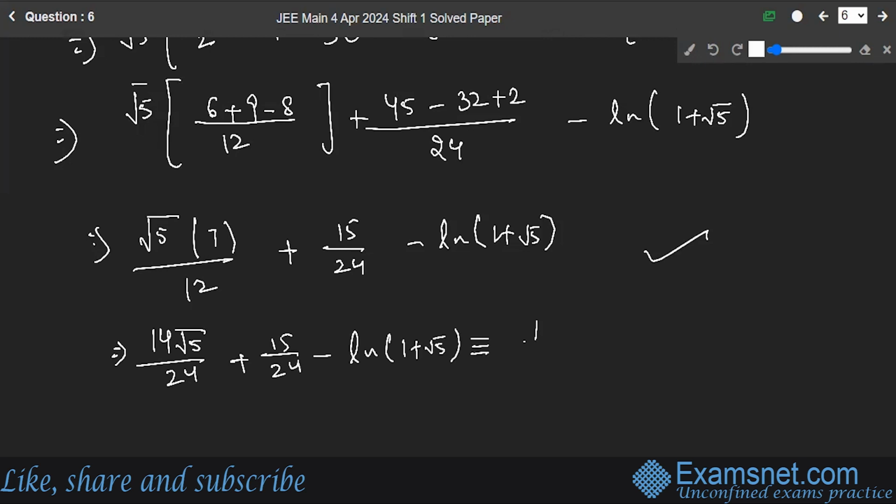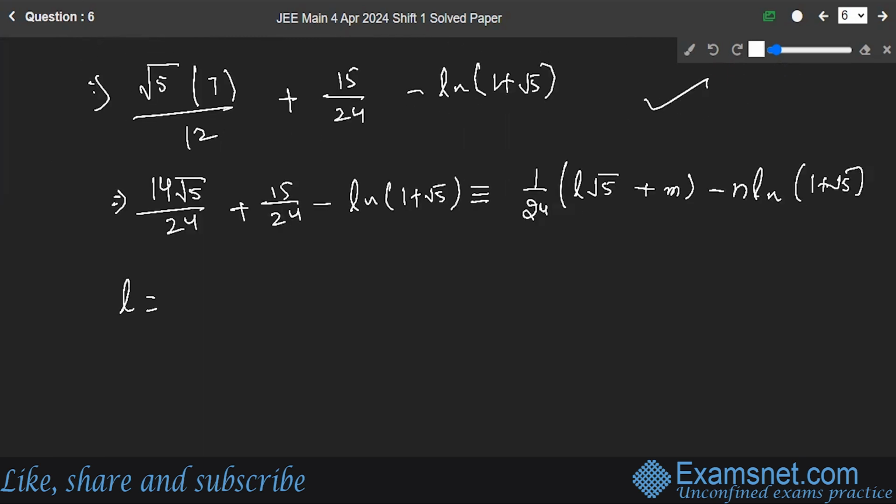This is equivalent to 1 by 24 (L root 5 plus M minus N log (1 plus root 5)). So comparing both of them, you get the values of L, M, N as L is equal to 14, M is equal to 15, N is equal to 1, right?